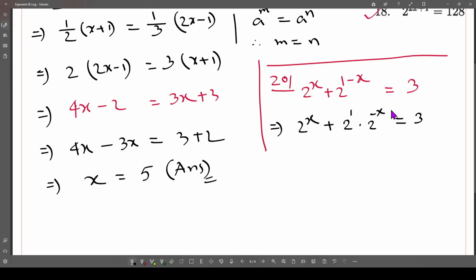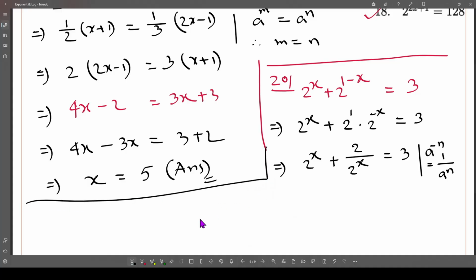Or to simplify more: 2 to the power x plus 2 divided by 2 to the power x equals 3, because for a negative exponent we know a to the power minus n equals 1 divided by a to the power n.